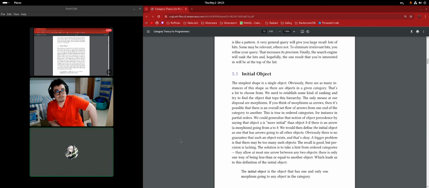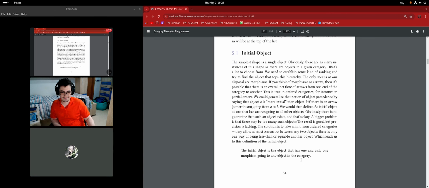In a lattice, the top object is the one that has all the arrows going out of it, except the identity arrow, of course. So it would be the initial object, yes. And the bottom is the one that has all the arrows going into it, except identity. So again, it would be the terminal object, yes.